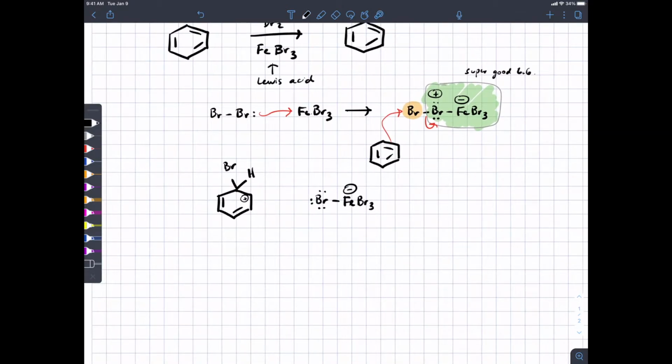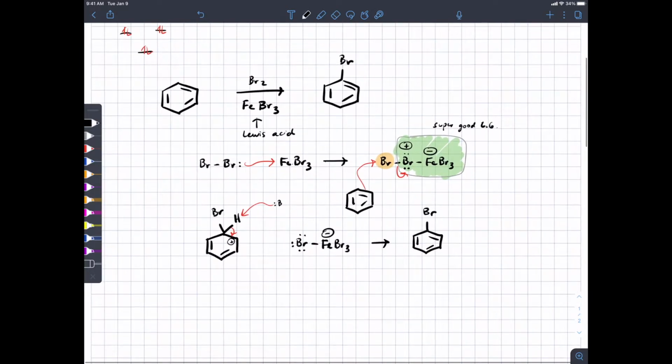And then finally, we can have some base, and it's probably a Br- somewhere, possibly from FeBr3, or sorry, FeBr4-, but we won't ever really worry about what this base is because it's so easy to remove that proton. Doing so is downhill in energy and restores aromaticity.